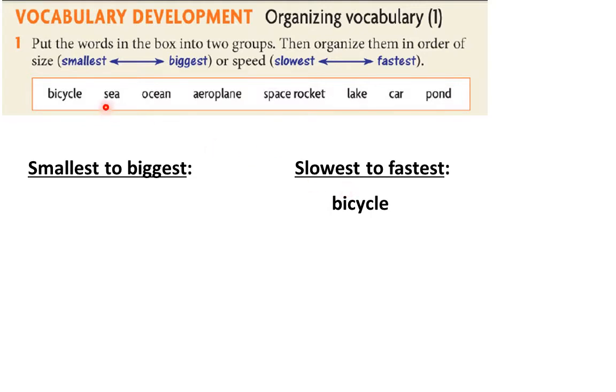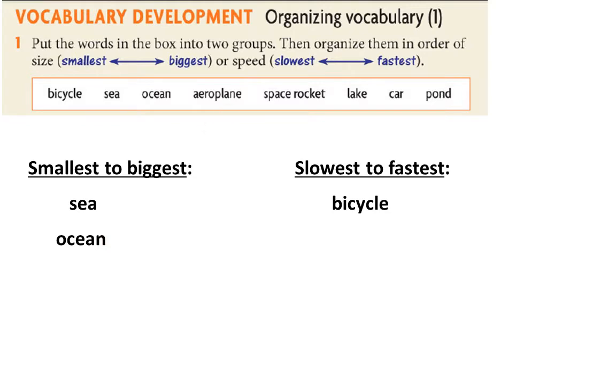Sea is something that cannot be measured with speed, but can be measured with size. So it can be in the first group. Ocean is also in the first group because it is related to the same group as sea.